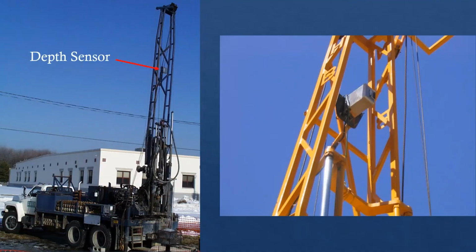The depth sensor is basically installed on top of the tower in here. So you have the sensor, and you have a potentiometer in it, and there's a string that goes into the top in here to the head. As the head goes down, the drill goes in the ground, it pulls on that belt. It's sort of a belt in there, and that gives you the depth.